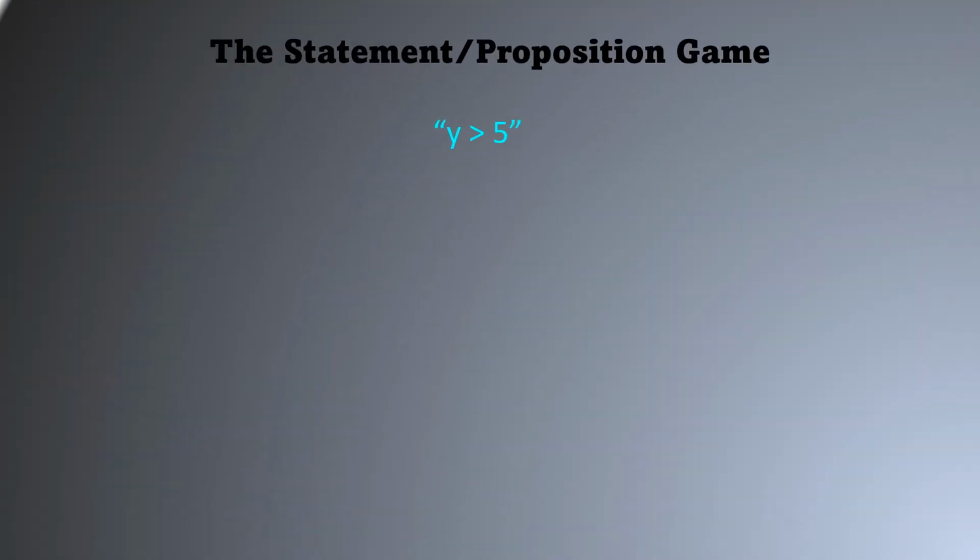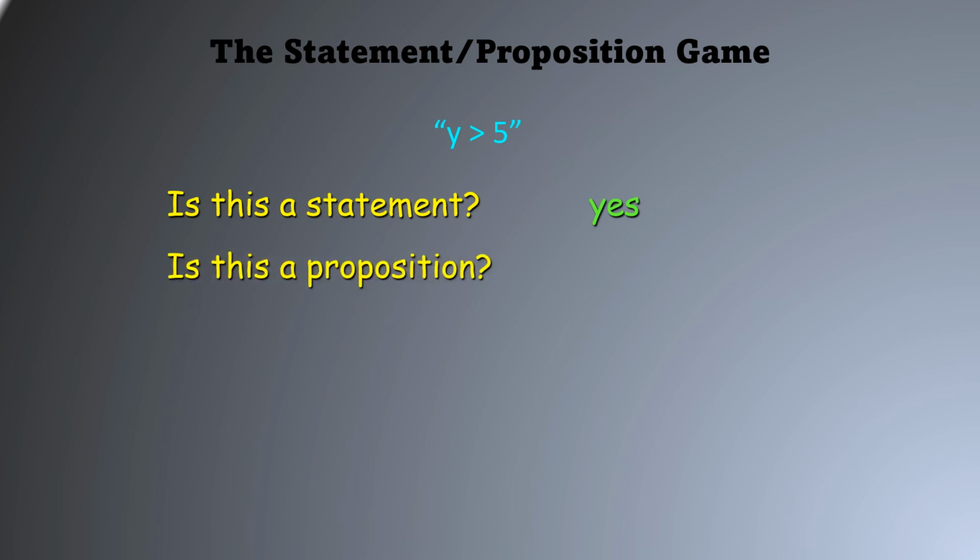So next statement: y is greater than 5. Is this a statement? Yes, it is a statement. Is this a proposition? No. Why? Because there is no given value of y. At some values of y, we can satisfy this condition.